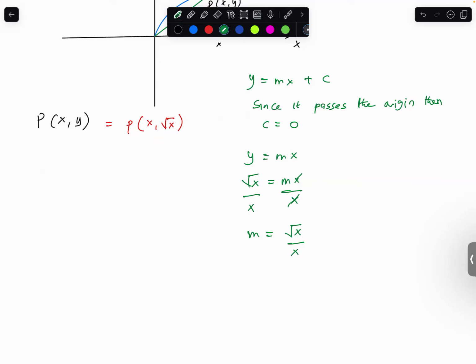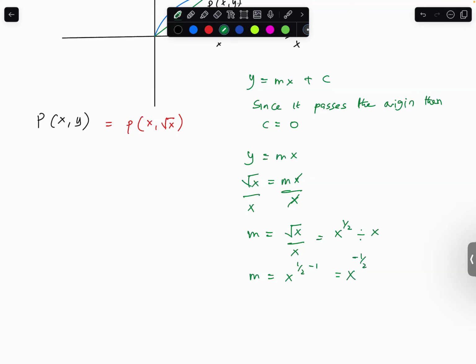From your indices, this can be written as x to the power of 1 over 2 divided by x. When you have a division, you subtract the powers, so m equals x to the power of 1 over 2 minus 1, which is x to the power of minus 1 over 2.